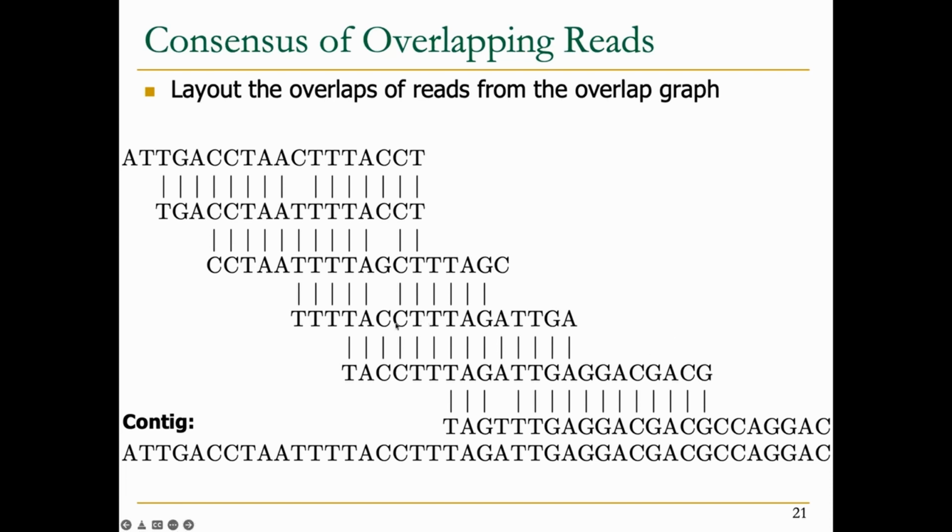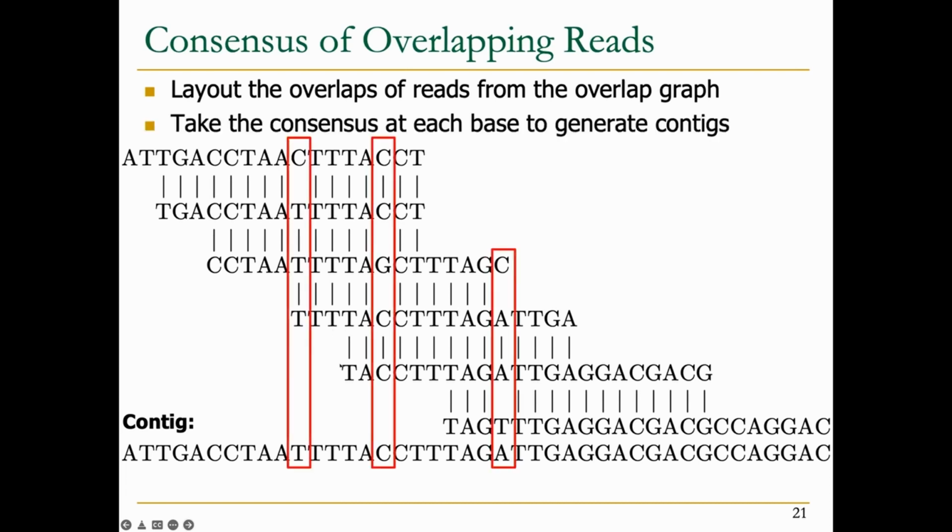So next, what we want to do is generate the contig from all this overlapping information. And a very simple process to achieve that is to take the consensus of these overlaps, right? What does the consensus look like?